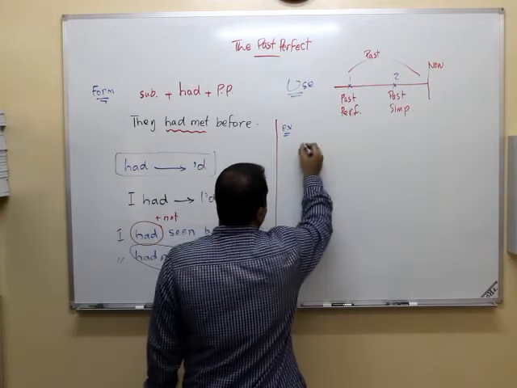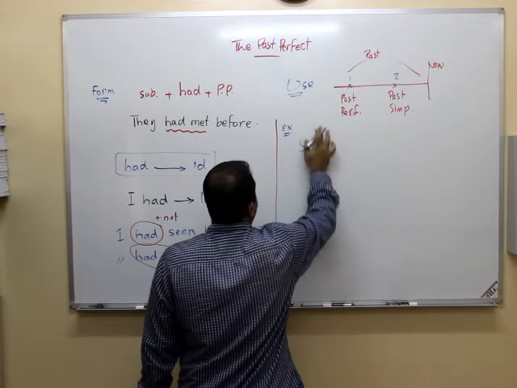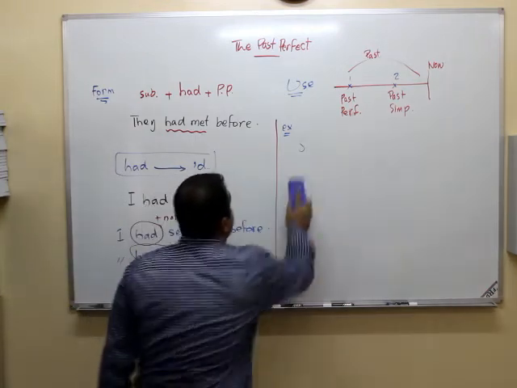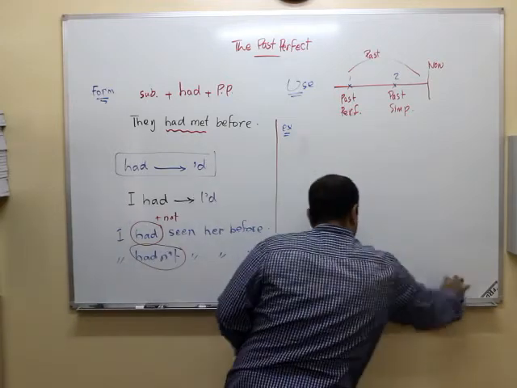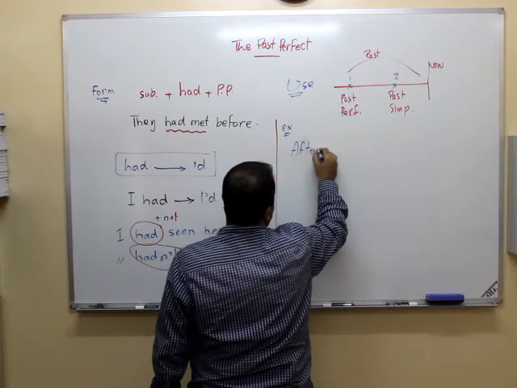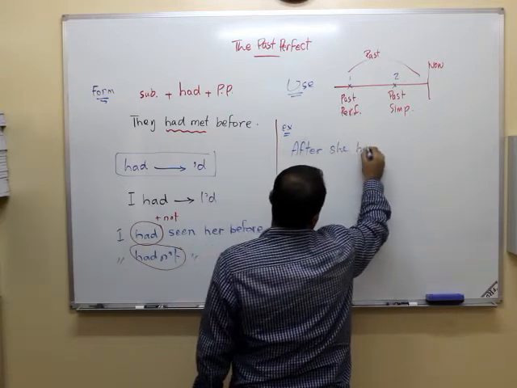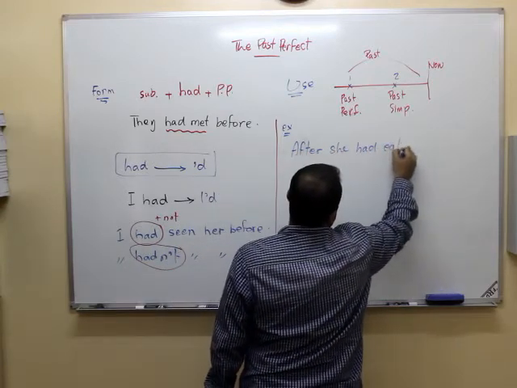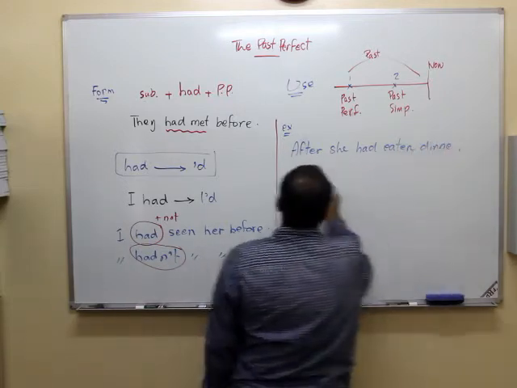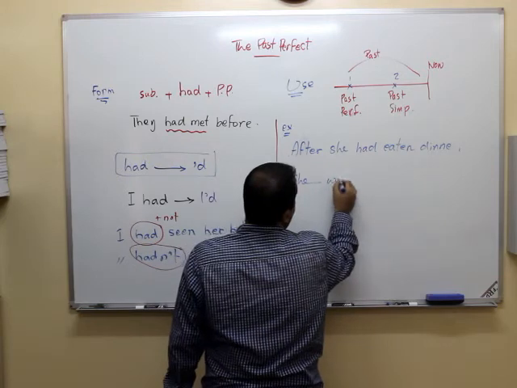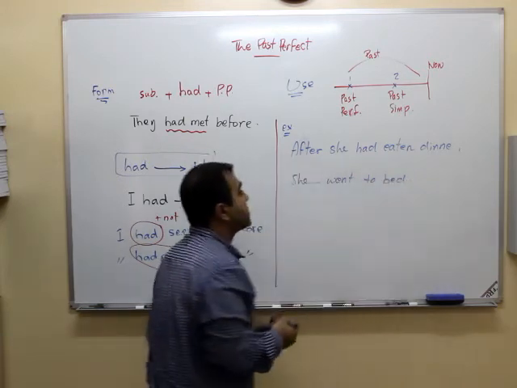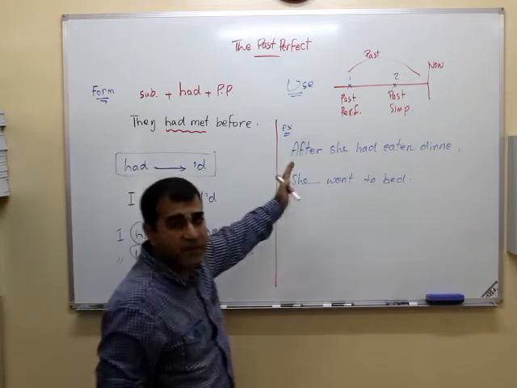For example, after she had eaten dinner, she went to bed. So here we have a sequence of actions.